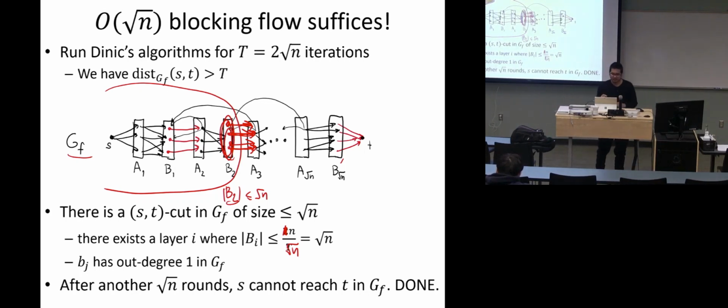So after 2 root n iterations, we conclude that you cannot continue by another root n iterations. So after 3 root n iterations in total, you're done. You could just do the same algorithm like Ford-Fulkerson's algorithm, but we know that it must stop after root n iterations. You don't need n iterations.